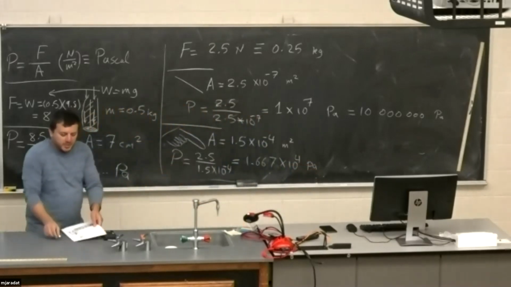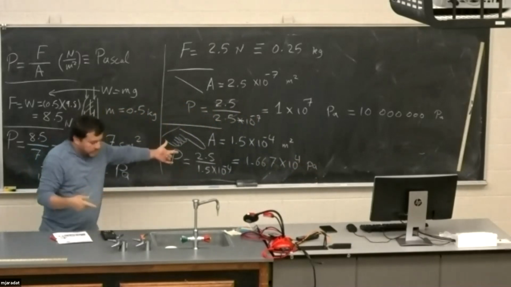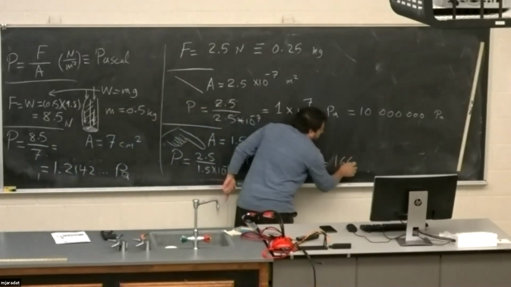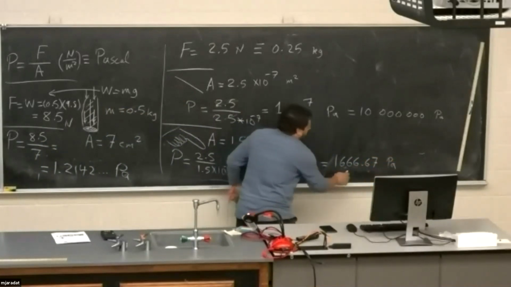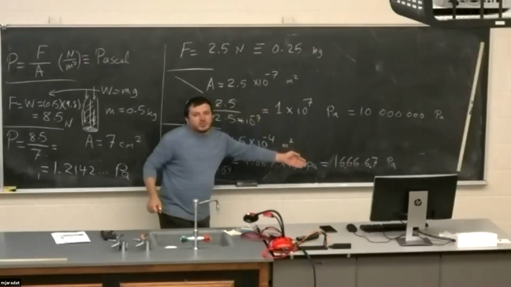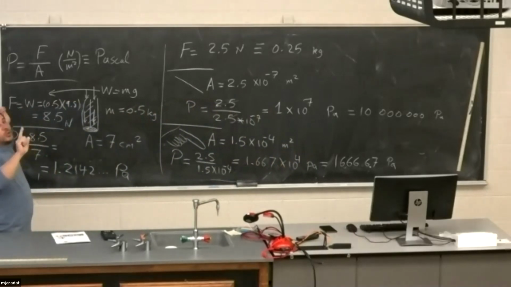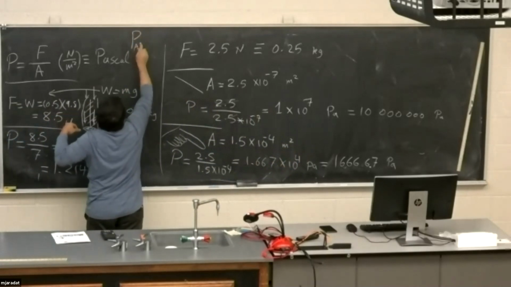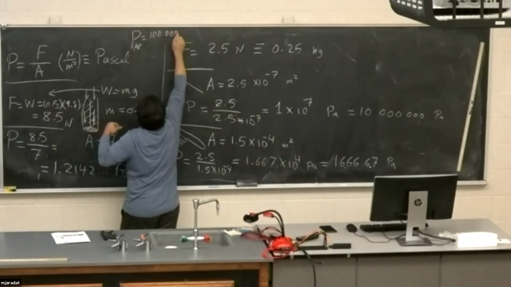Okay, this pressure is equal to almost this number, 1.6667. No, we need another point. This is 16,000 Pascal. Now, for the atmospheric pressure, we name it P atmospheric, which is equal to 100,000 Pascal.